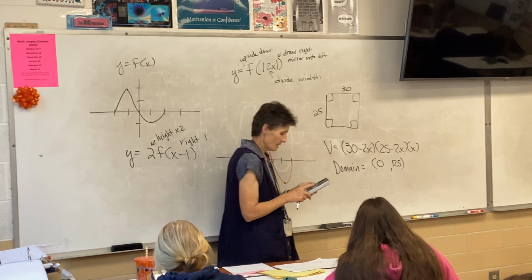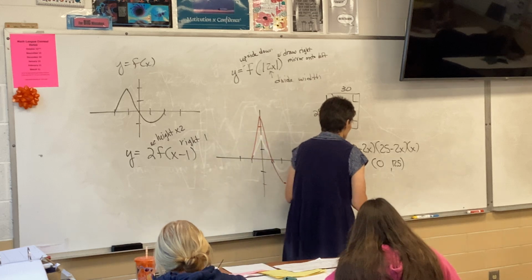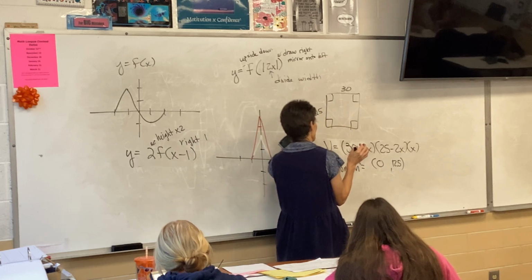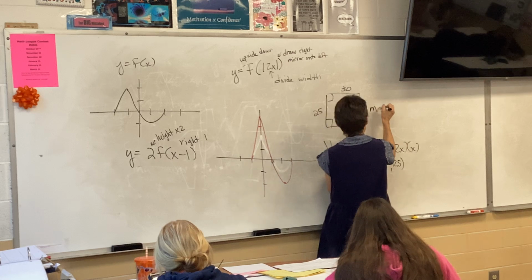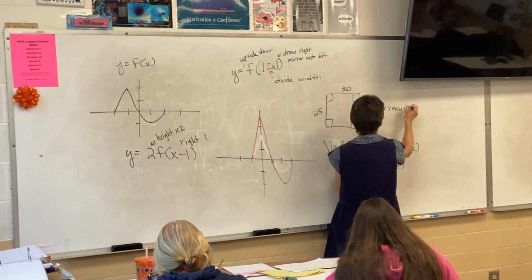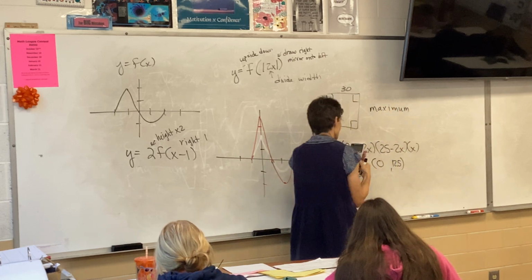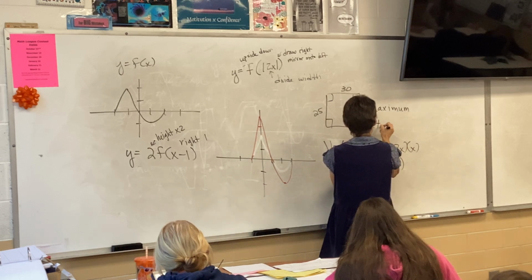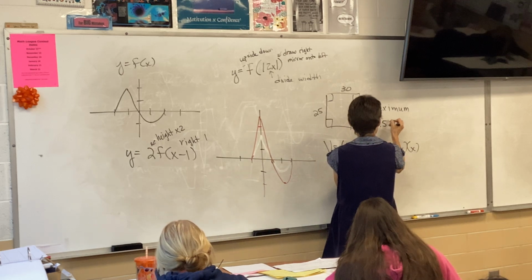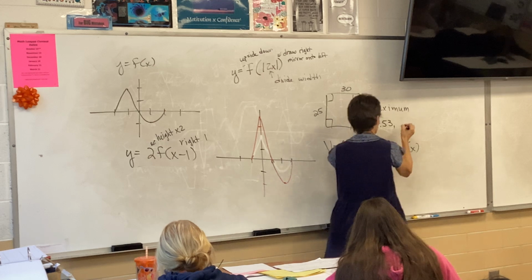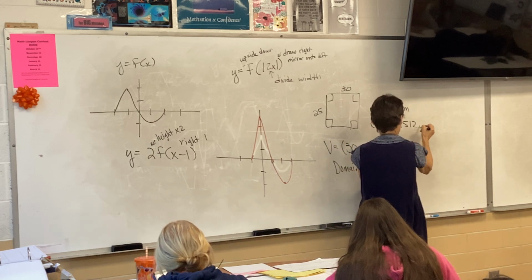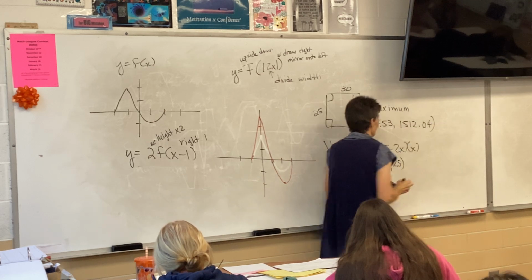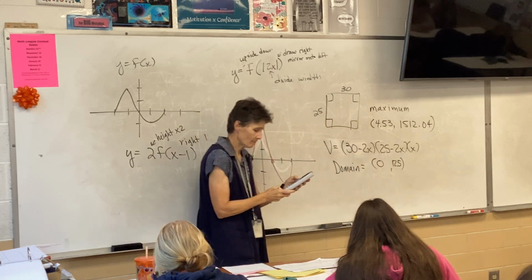Remember, your calculator might give you a point, but unless it literally says maximum, you're wrong. It's gotta say maximum. I got 4.53 and 1512.04. How does that sound? Amazing.